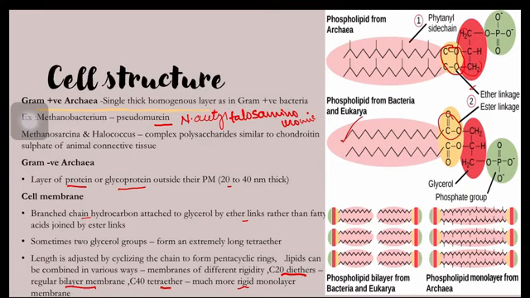This is the appearance: the phospholipid monolayer in the archaea and the phospholipid bilayer in the bacteria and eukarya. In eukaryotes and bacteria, the cell membrane is a bilayered lipoprotein layer. Here in archaea, the phospholipid monolayer is present.